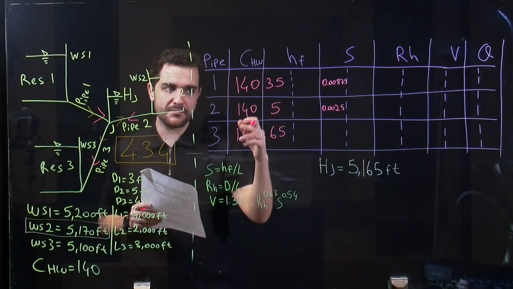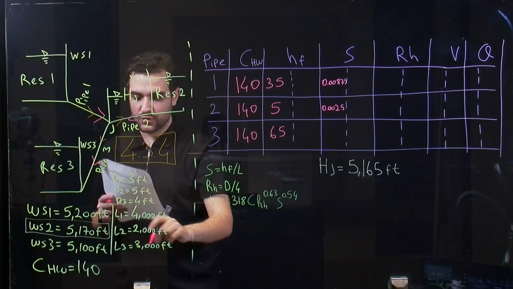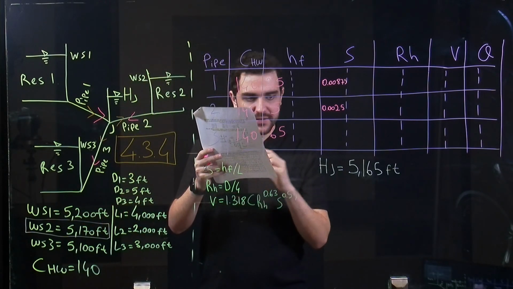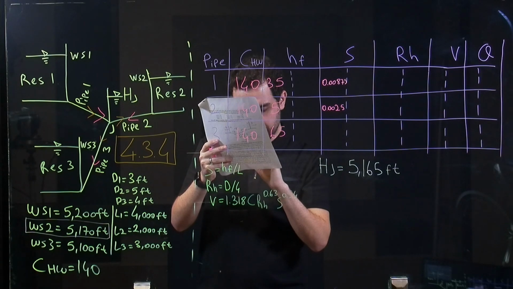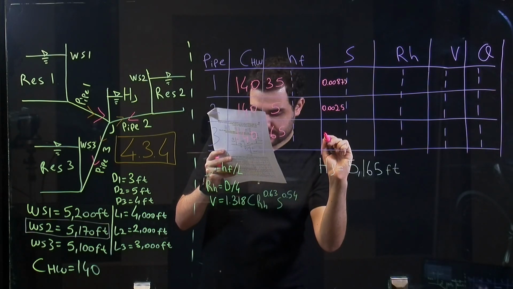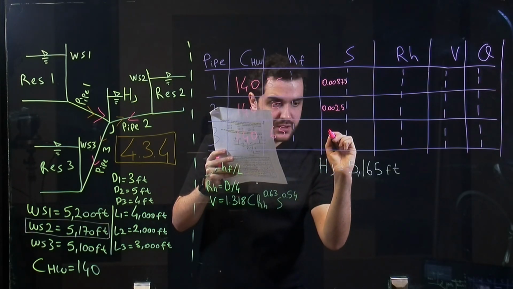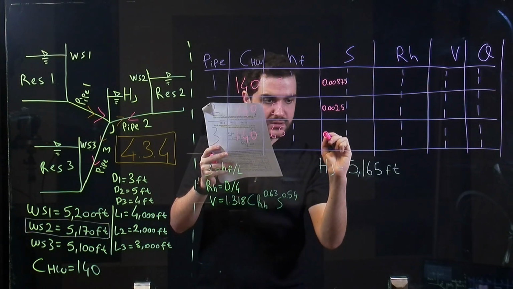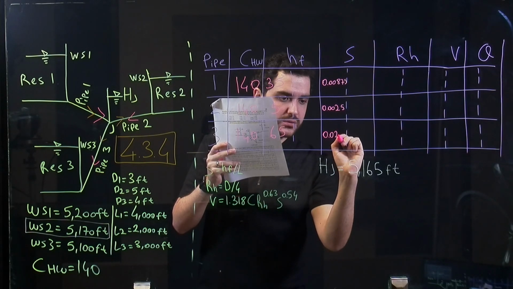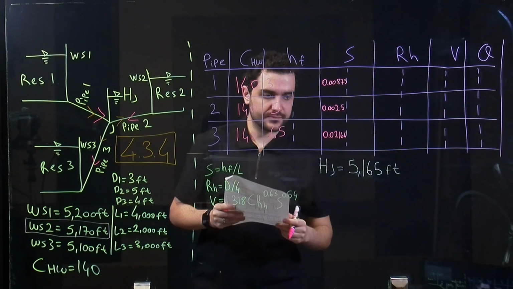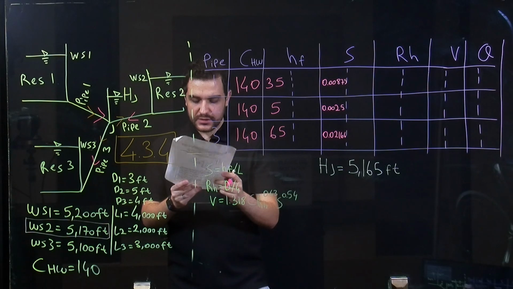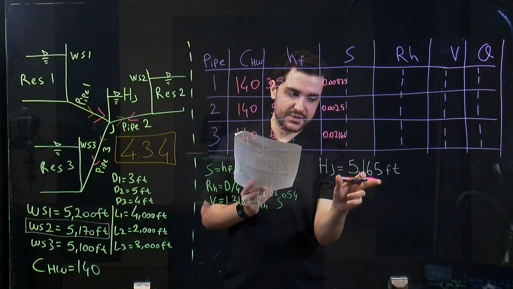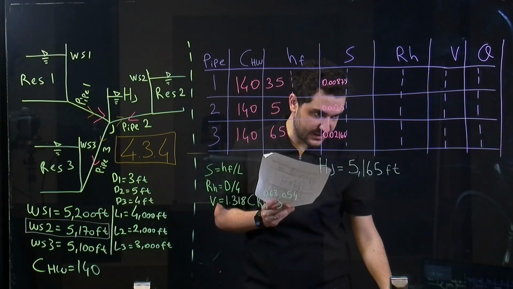Basically it's 5 over 2,000 feet. And finally we will get 0.02. So these are slopes based on these head losses, based on this assumption. And let me write that.